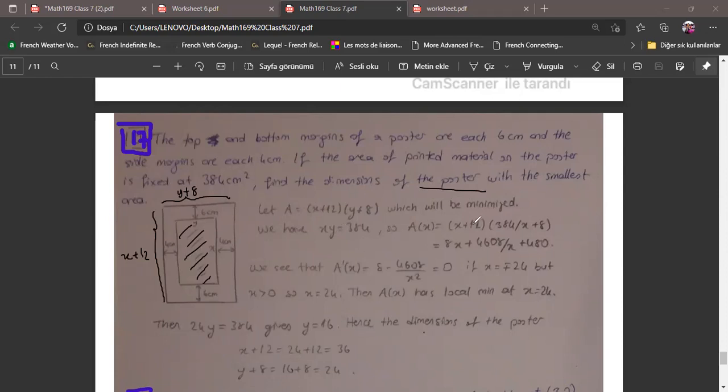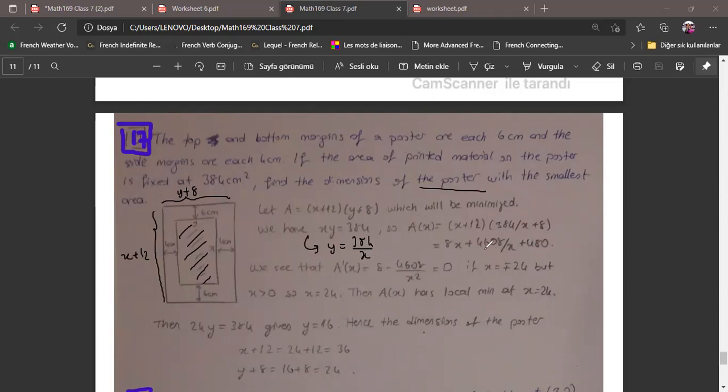So what do we have? From this equality, we get y equals to this x. Okay, so we plug here instead of y, we write this. And it gives this function. Now we have a function with only one variable, right?